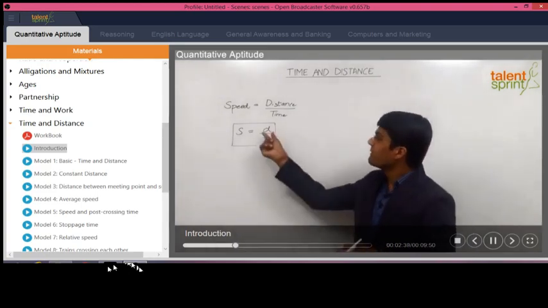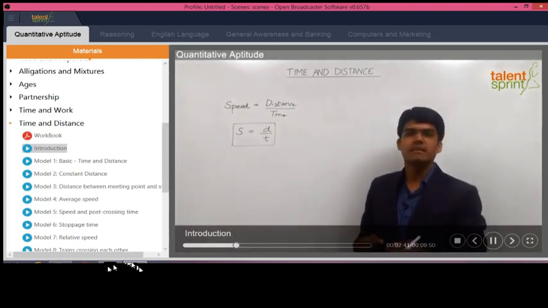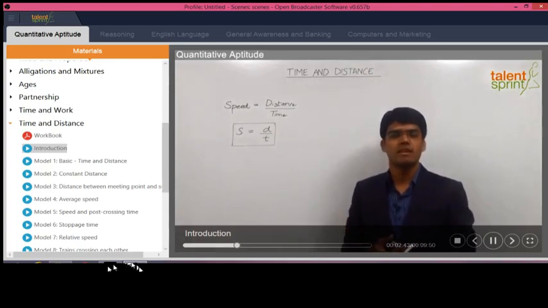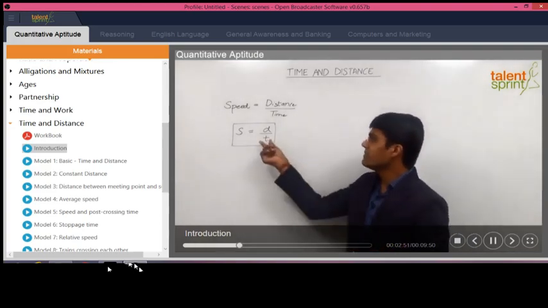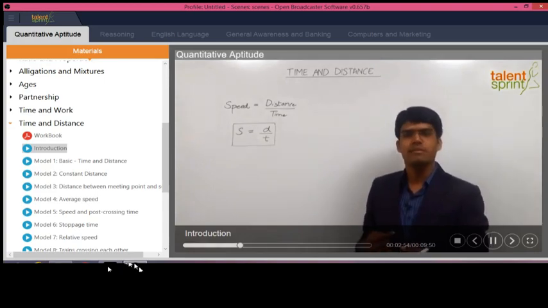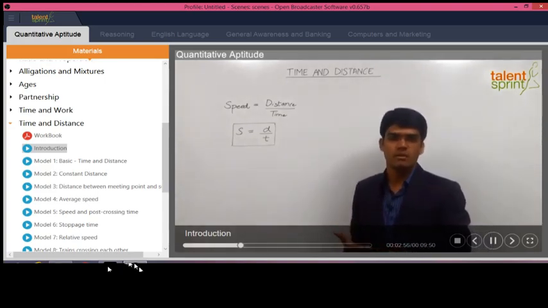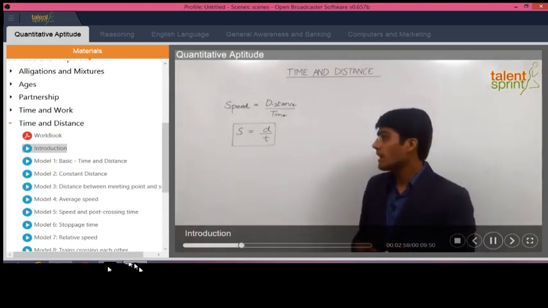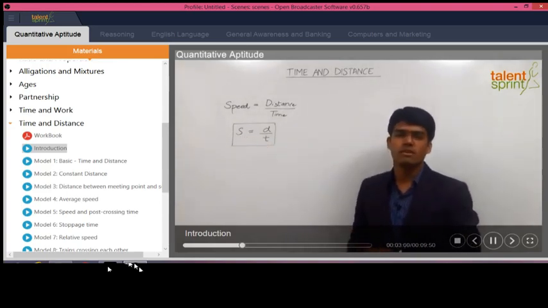Let us now look at the various units of measurement for these variables. For example, if we take the distance here, it is nothing but a length, and length can be measured in a number of ways. For example, it can be measured in kilometers or meters or centimeters or inches or yards. And similarly, time can also be measured in a number of units: seconds, minutes, hours, days, etc. And accordingly, we will get a number of units for the measurement of speed.